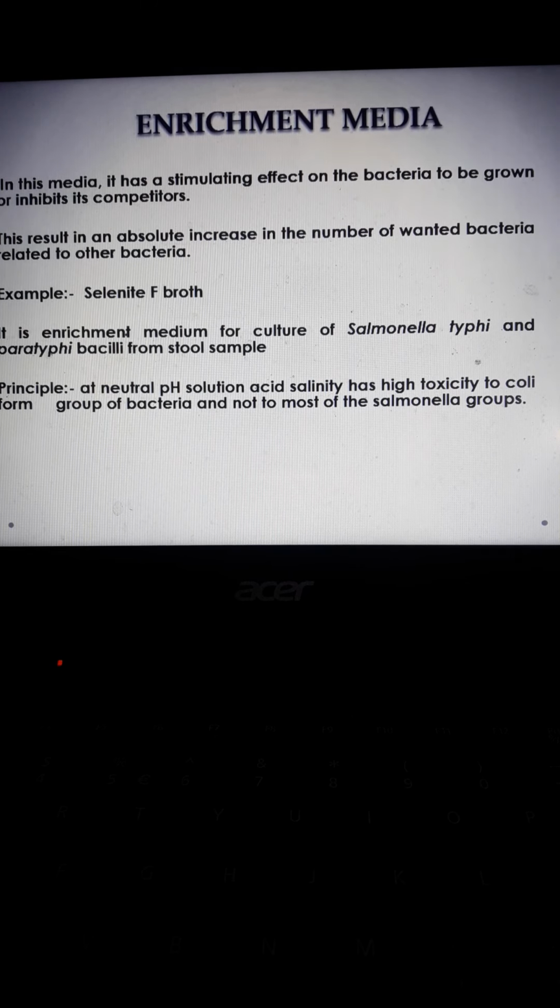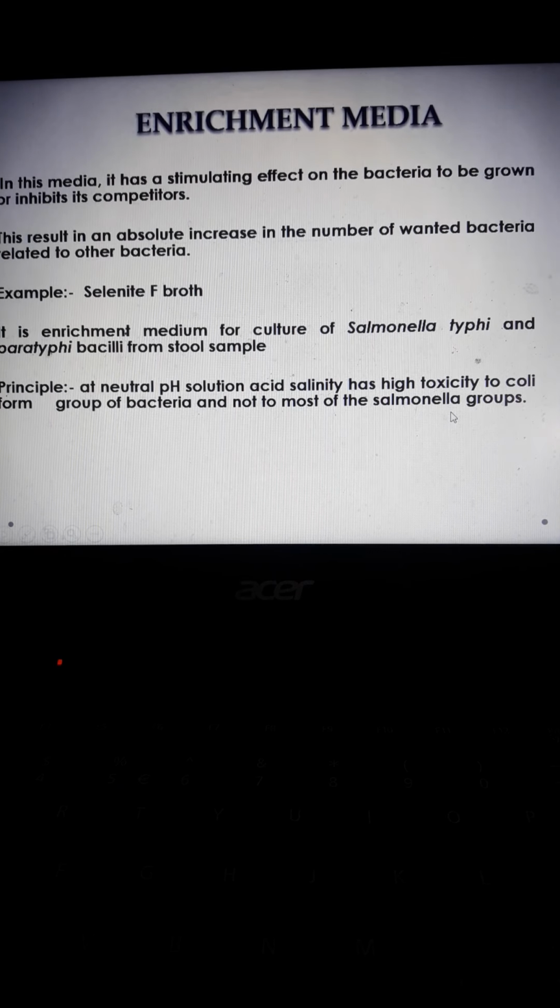Okay? Principle, so neutral pH, the salinity has high toxicity to coliform group of bacteria and not most of Salmonella. So usually kasi kung sa stool sample, expected na may E. coli. So toxic yung salinity ng media mo sa mga E. coli.